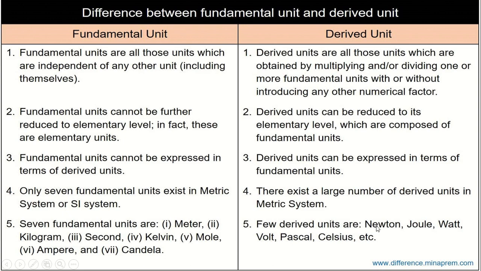And few derived units are Newton, Joule, Watt, Volt, Pascal, Celsius. These are derived unit examples. So in the exam, this can come: write down the differences between fundamental and derived unit as a 3 marks question. Okay, so you must try to memorize this chart.